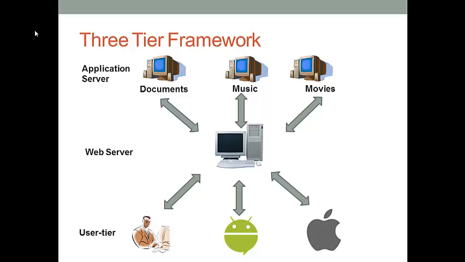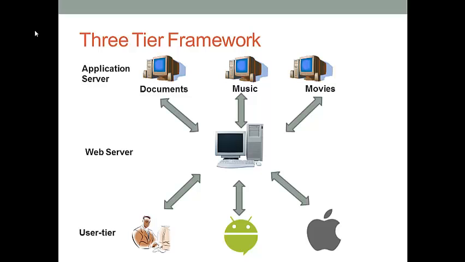But none of the information or data are processed or stored on the user's mobile devices. All of them are processed or stored in the cloud. According to an IoT system design or a three-tier framework, we can further separate a cloud into another two tiers, the web server tier and the application server tier.